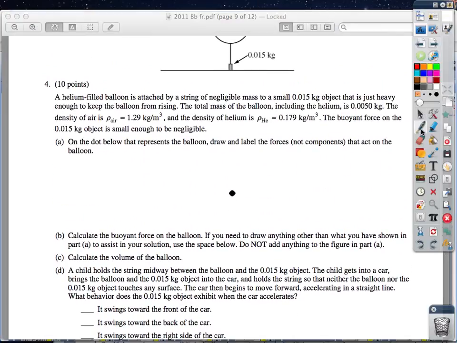So we know buoyant force is equal to rho V g, right? Because this is the weight of the displaced fluid, and the displaced fluid is air. So that's the density of air. Does that make sense to everyone?